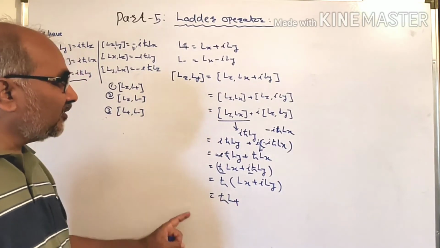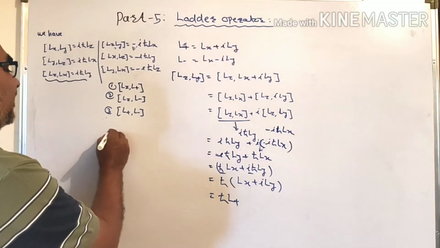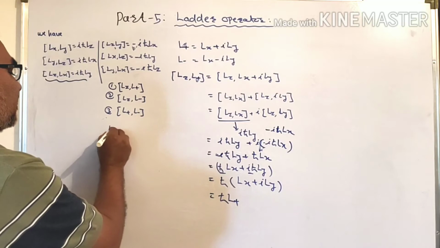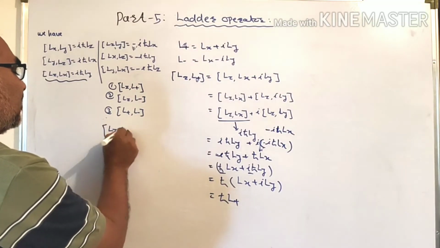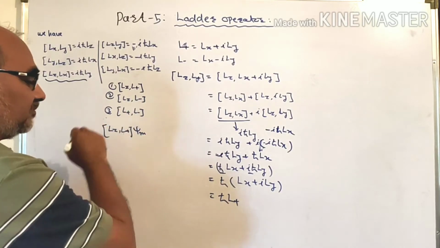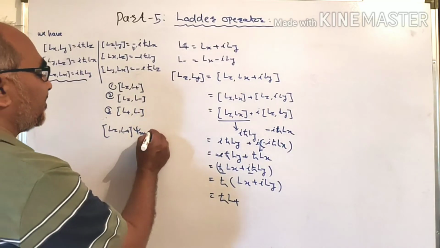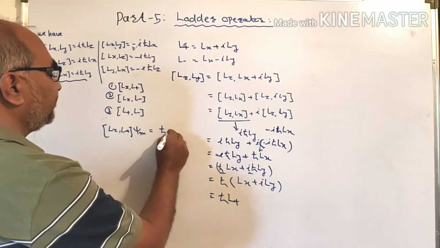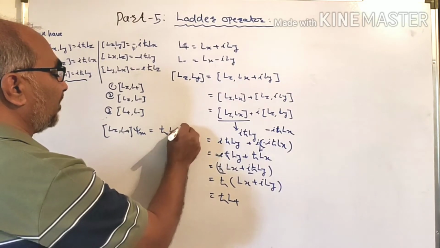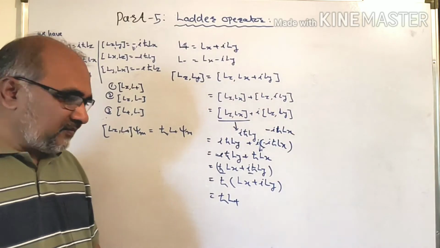With the eigenvalue, we can say that Lz L plus operating on any state psi is equal to h cross L plus psi.